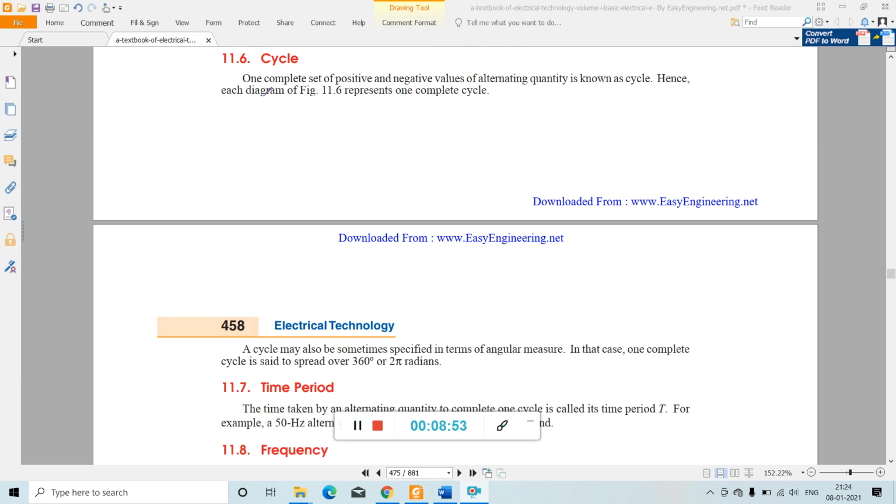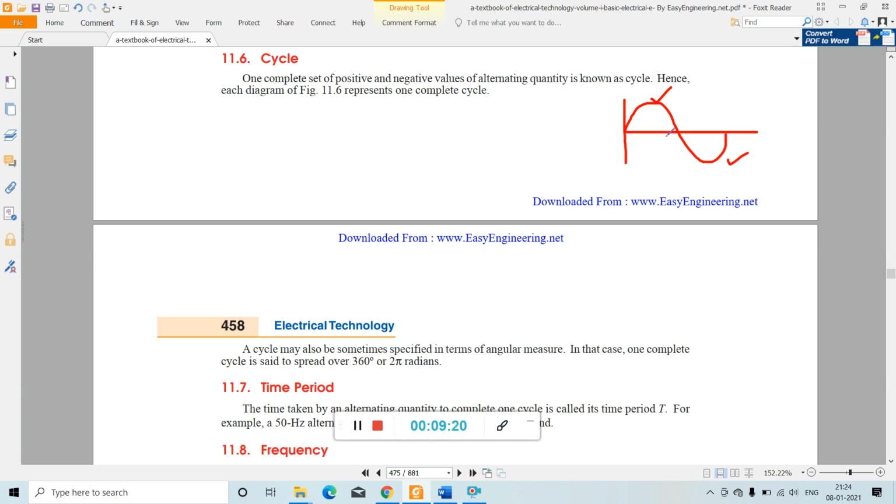Now we will discuss what is a cycle. See, this is our sinusoidal wave. One complete set of positive and negative values of an alternating quantity is known as a cycle. This is the positive value and this is the negative value.